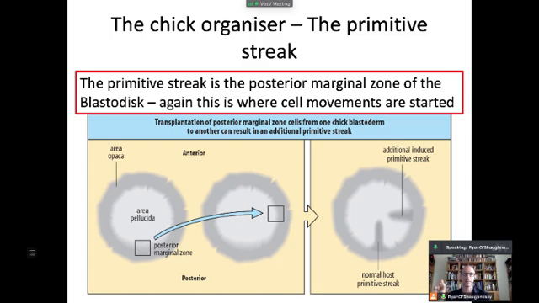Now, bear in mind that typically, like for Xenopus, when this experiment occurs, we take the dorsal marginal zone. So here it is posterior as opposed to anterior, rather than dorsal as opposed to ventral. But that's where the involution, all these cell movements that comprise gastrulation, begin, and so that's where the organizer is, and that's what you need to transplant to make a second axis.